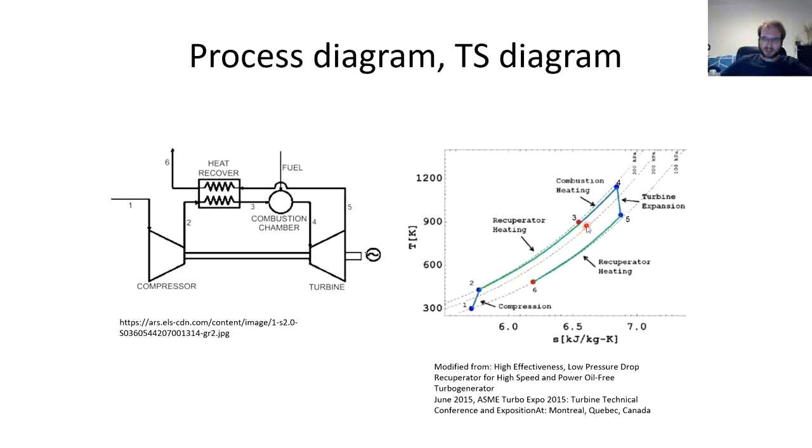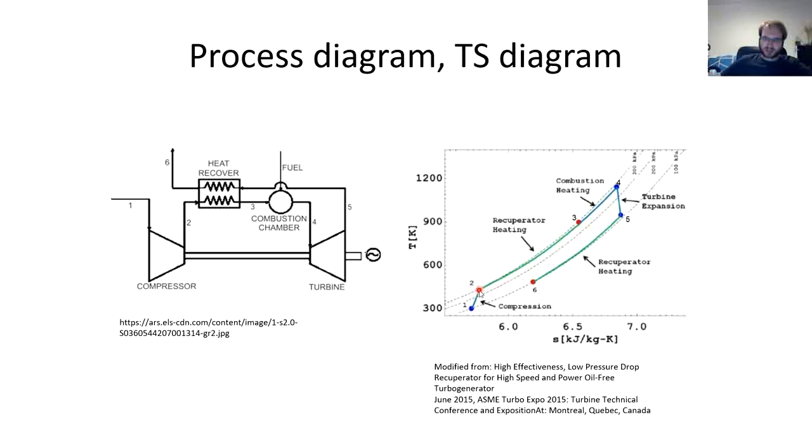Then we have the heating of the air in the recuperator. This heat, 2 to 3, is the same amount of heat as the heat from 5 to 6, which we will get to in a moment. 3 to 4 is increasing the temperature in the combustion chamber.